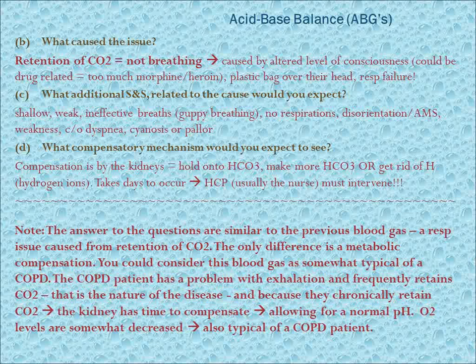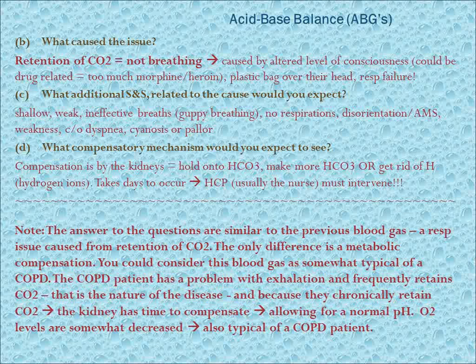The answer is that a respiratory problem has caused CO2 retention. And again, we have metabolic compensation. So likely this is a very typical profile of the chronic obstructive pulmonary disease patient. In other words, a patient that has either chronic bronchitis or emphysema, that's COPD.